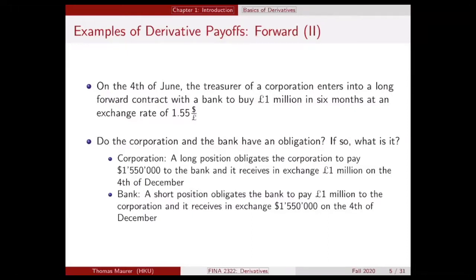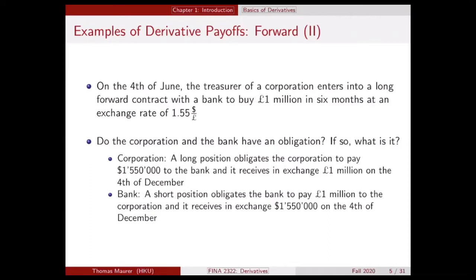Well, both parties, the corporation and the bank, have an obligation. For the corporation, the obligation as a long position is that the corporation has to pay the fixed price of $1.55 a pound, or for 1 million pounds, they have to pay a fixed amount of $1.55 million.